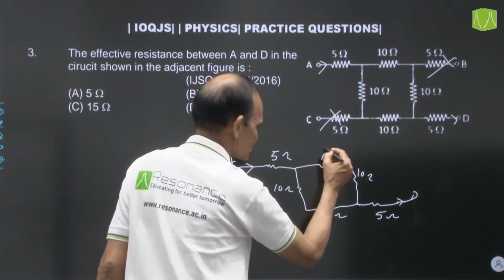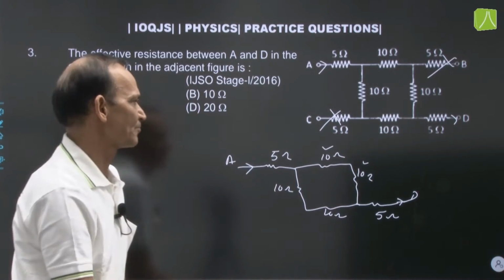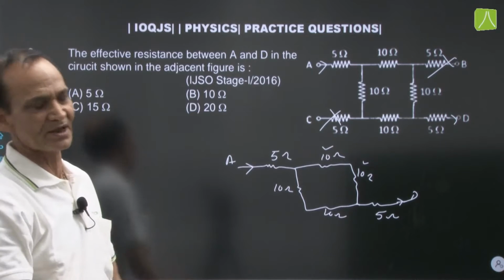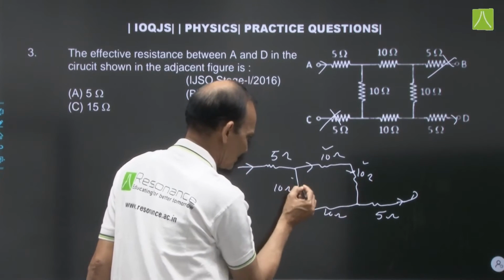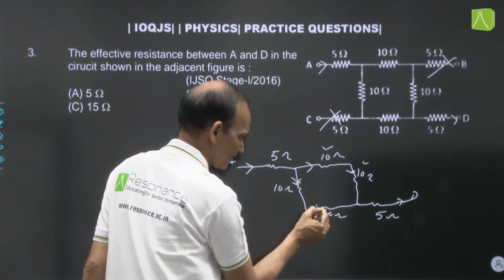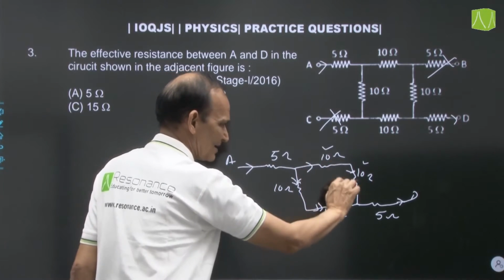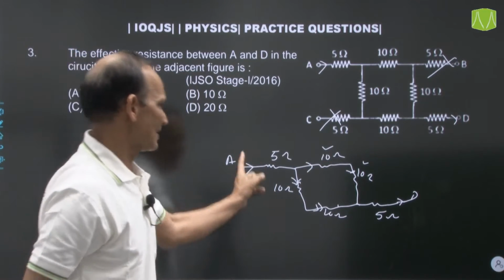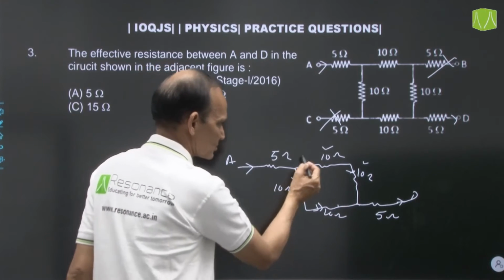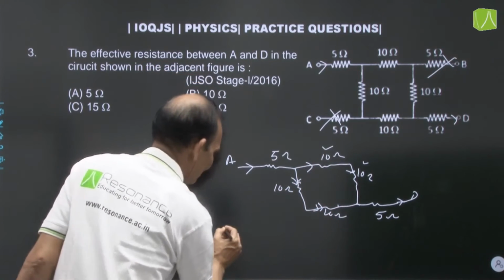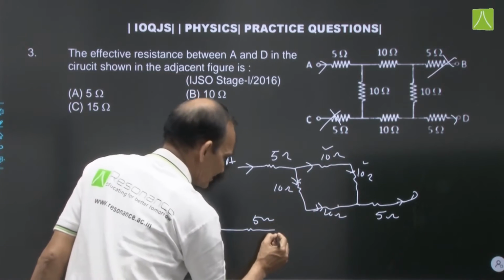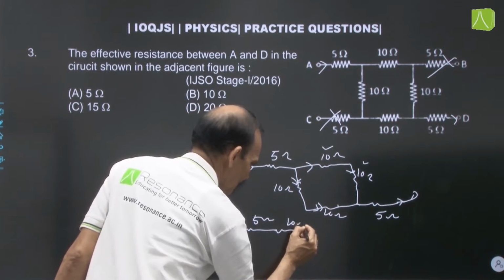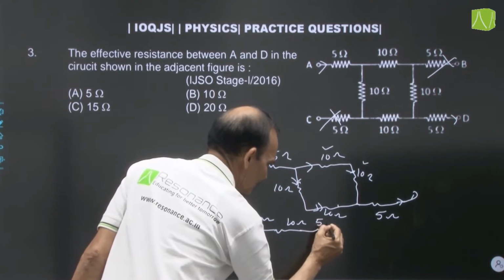Now think about these two resistors, they are connected in series, that is 10 plus 10, 20, and these are also connected in series, the same current will flow through here. So 10 and 10 in series, 10 and 10 in series, this means 20 and 20 are connected in parallel, so this will be 5 ohm, and 20, 20 gives 10 ohm, and again 5 ohm.